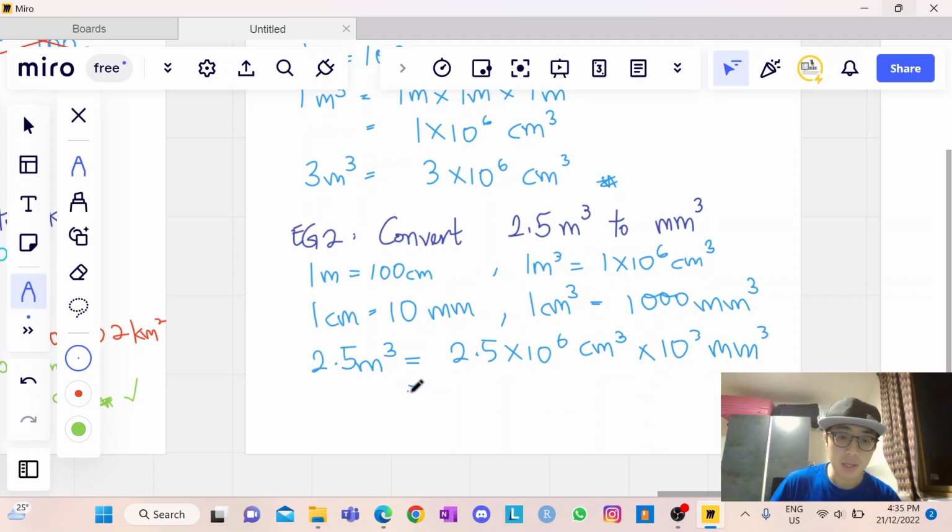So if you combine everything, you can write it as 2.5 times 10 to the power of 9 millimeters cube. All right, usually in exams, they might ask you to write it in standard form because the value is way too large. Or you can actually just choose to expand it so you have 8 zeros behind, and so on, but I would rather prefer it in the standard form.